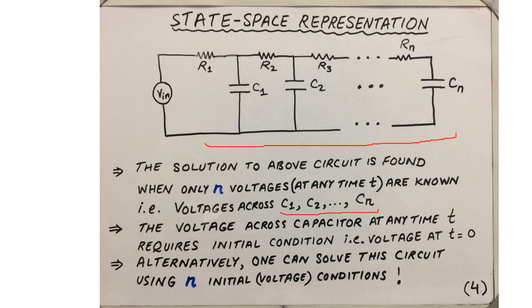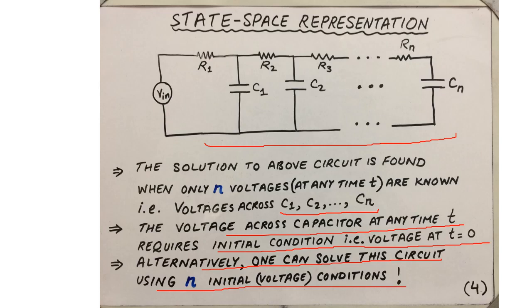Also, the voltage across the capacitor at any time t requires the information about the initial conditions. Therefore, we can alternatively say that in order to solve this circuit, it is sufficient to know the n initial voltages across the capacitors.